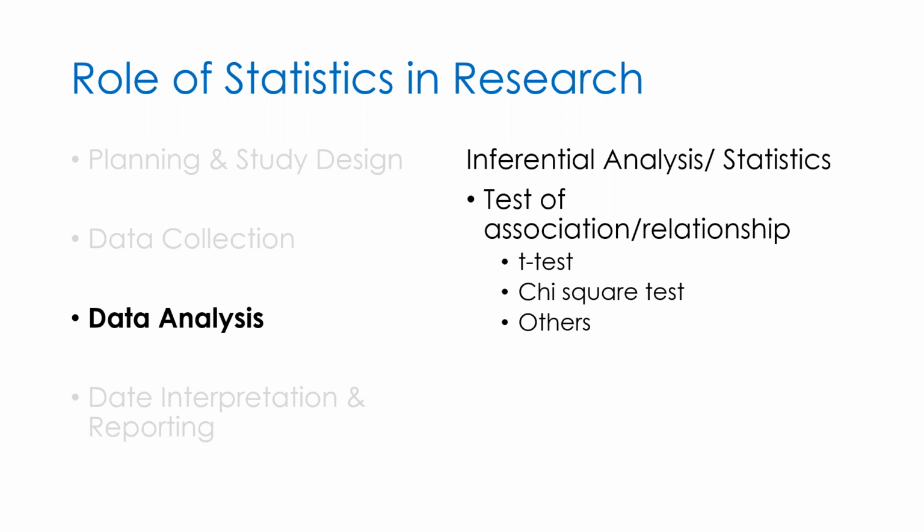You may need to use different modifications, including Fisher's exact test. So again, this is where the statistician comes in. The statistician will decide based on what you want, and will be able to give you the kind of analysis that you want.